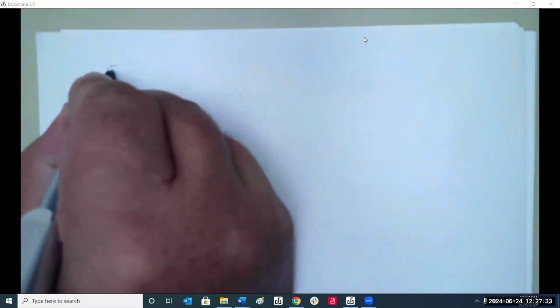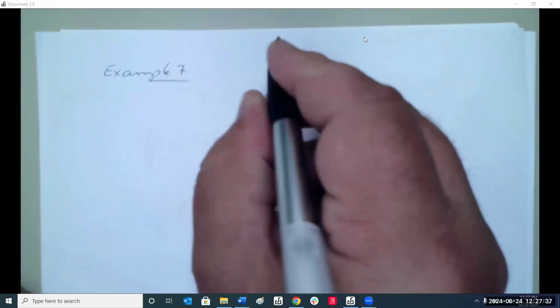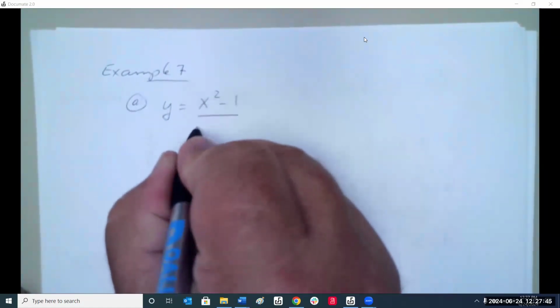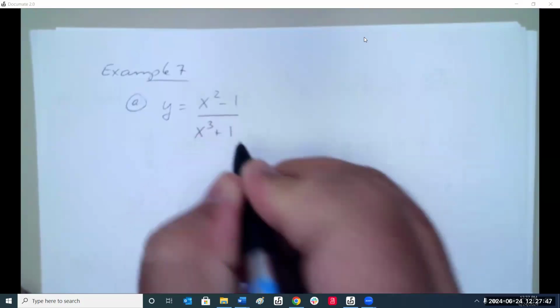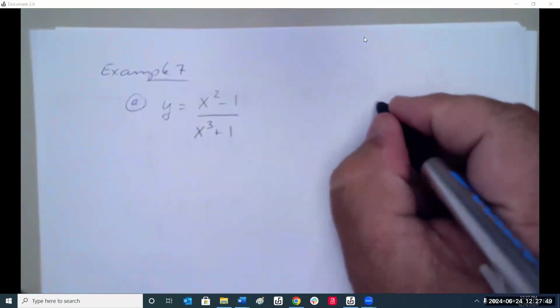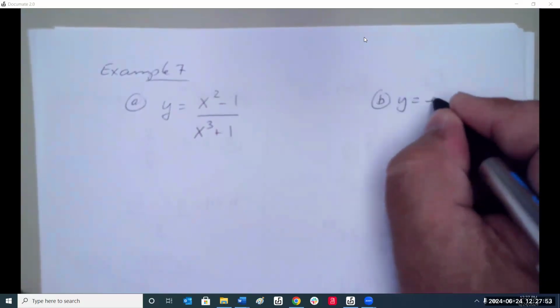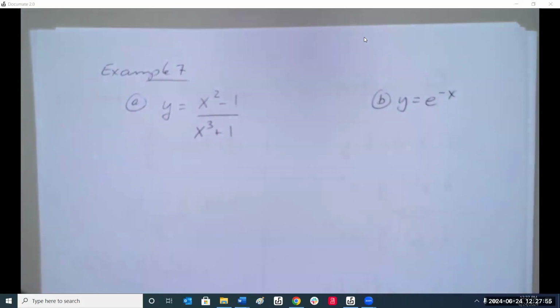All right, so let's look at example 7. It's a quotient rule. y is equal to x squared minus 1 over x cubed plus 1. And b, y is equal to e to the power negative x.